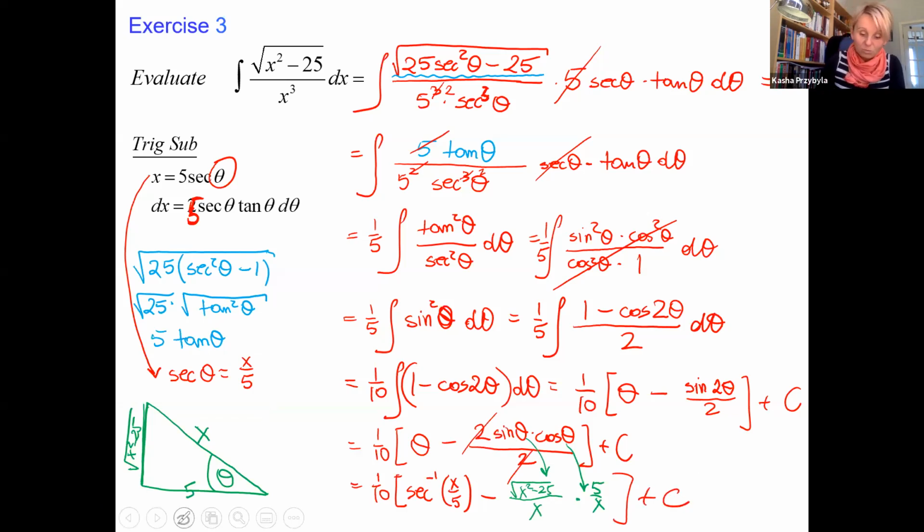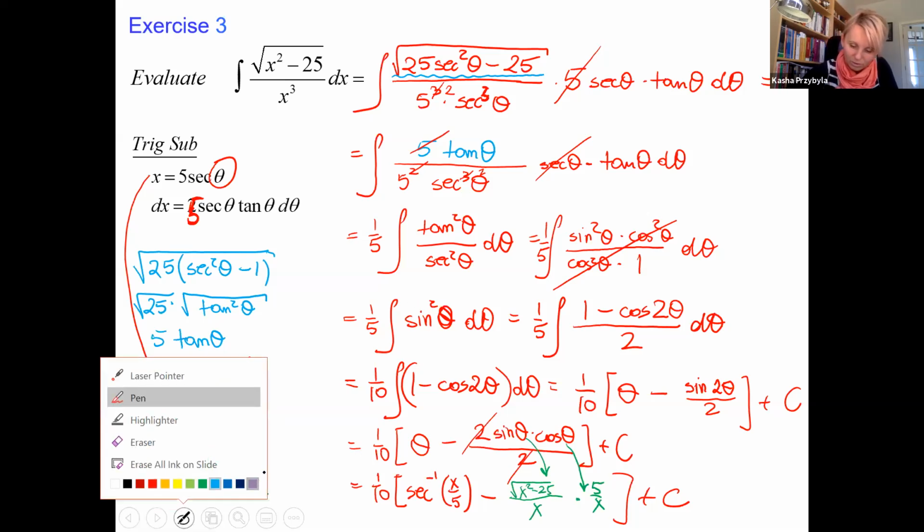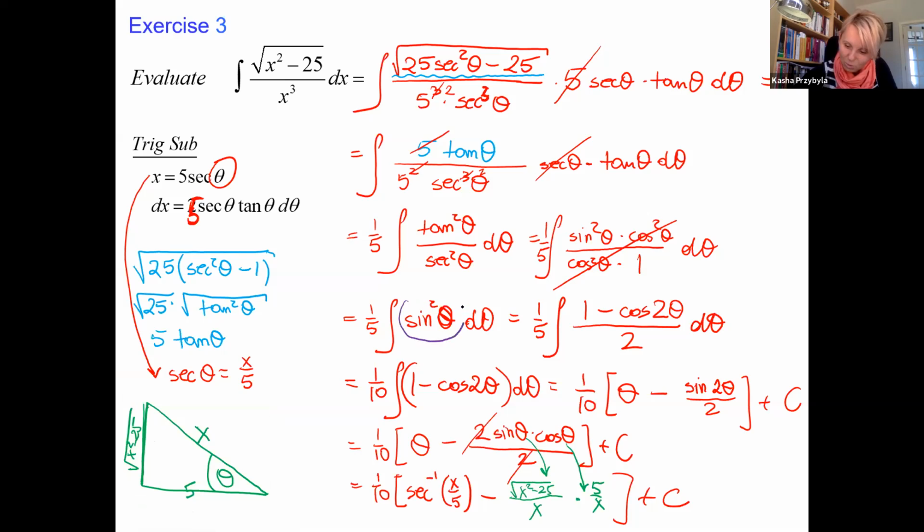Okay, that means this was quite a challenge, because with sine squared theta, the only way for us is to use the half angle formula and also the double angle formula.